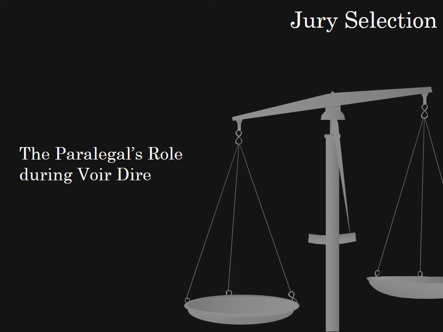And your role, what can your role be during this? Well, you can help the attorney establish what would be that ideal juror, what that juror profile would be, and help them draft the questions they're going to ask to help uncover biases. If you're there during jury selection, you're another pair of eyes and ears that can observe and see things that the attorney can't, very much like when you go to the doctor with someone, they can't process that information because it's happening to them.